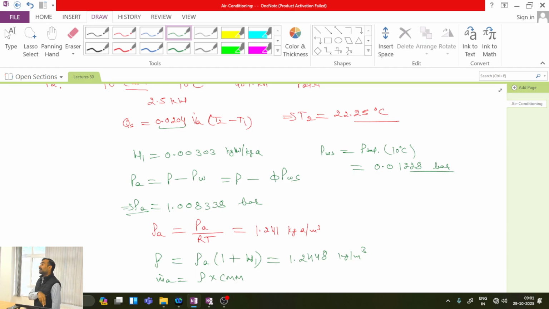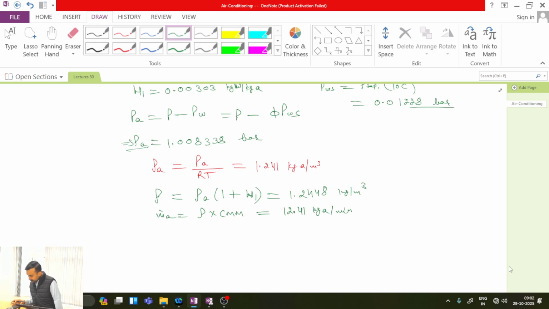Now we have obtained the correct density for the given condition and given cmm. So if you do this, then how much is mass flow rate you are getting? 12.41 kg per minute. Yeah, correct. So this is the actual mass flow rate.